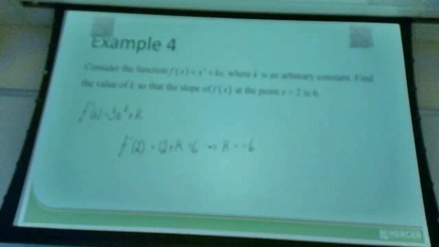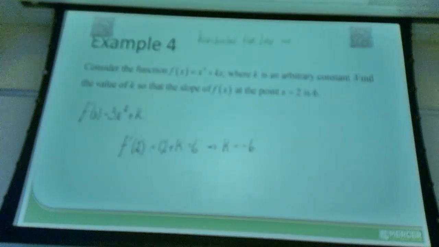By the way, what does a horizontal tangent line mean? When it's 0.